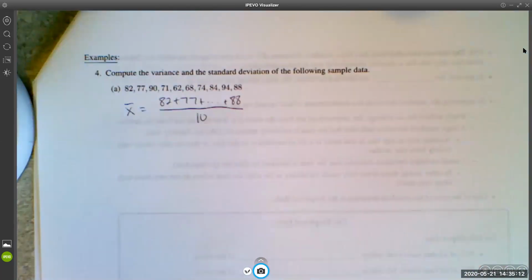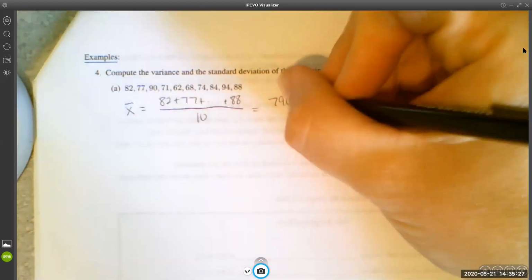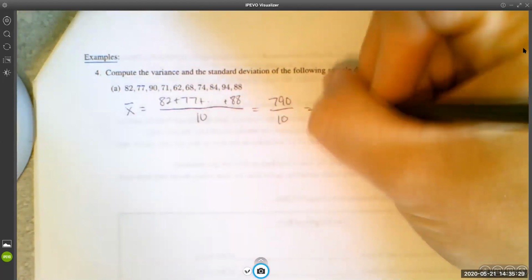Let's see what we get. So I get 790 over 10, which would be 79.